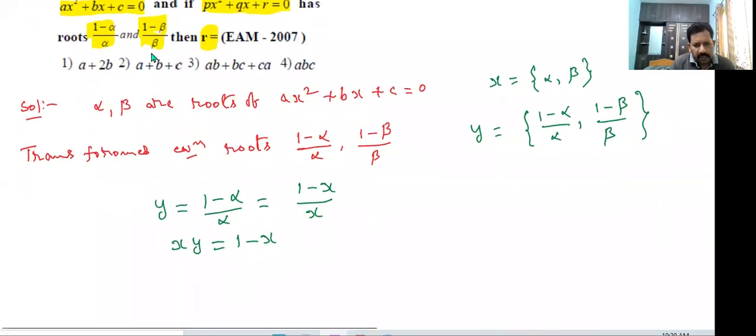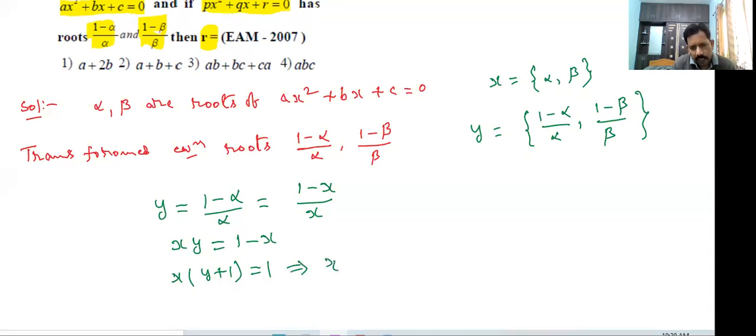Then take x to the left hand side, and you get x common: x into (y plus 1) is equal to 1. Then what is x? x is equal to 1 by (y plus 1). This x value means the original equation. This is substituted in equation 1.